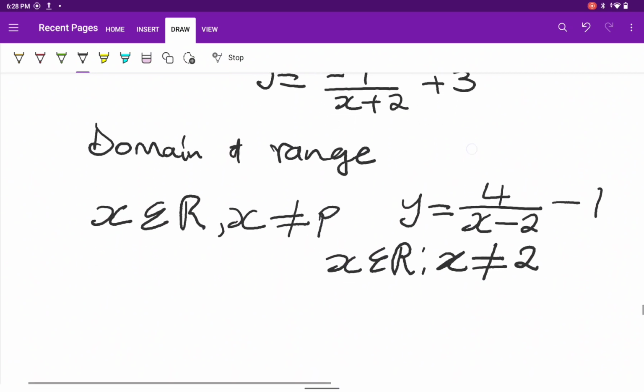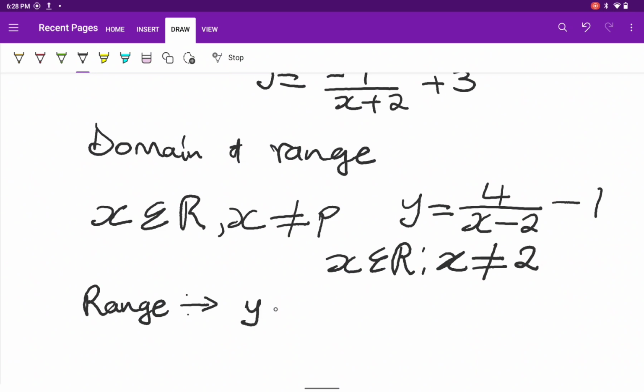The same thing applies to the range. Remember, with the range, we are referring to the y values that are covered on the graph. So it will be the same as the domain, it's just that now we are talking about y values. So we'll indicate that y is an element of real numbers except the asymptote, which is q.